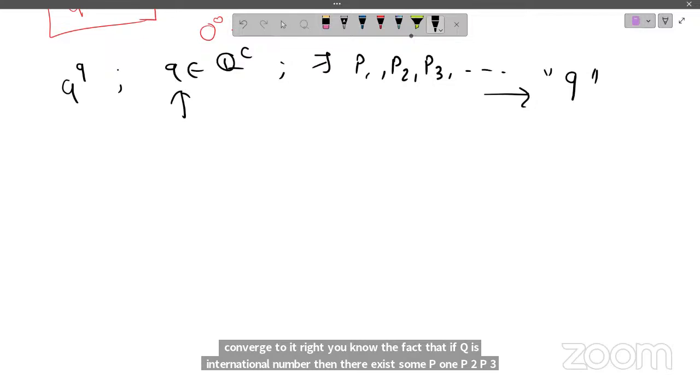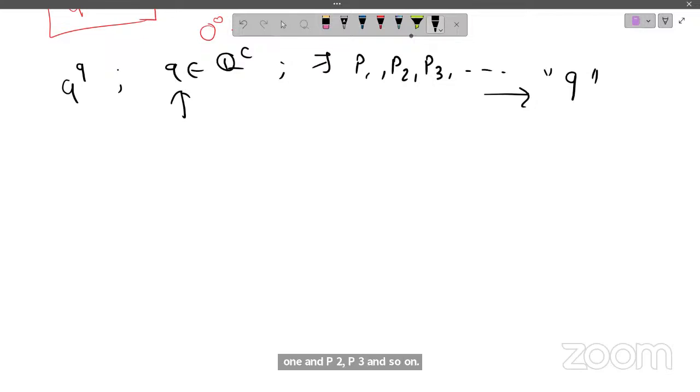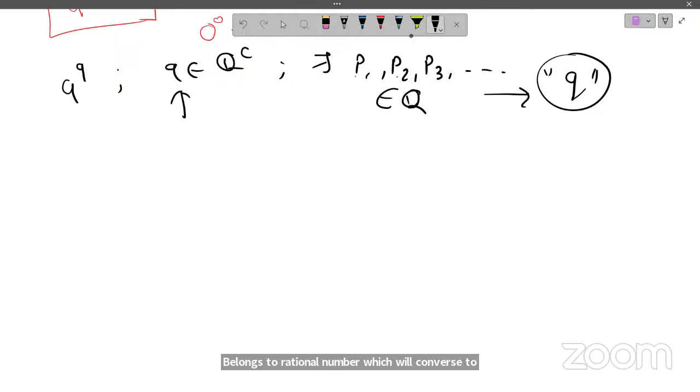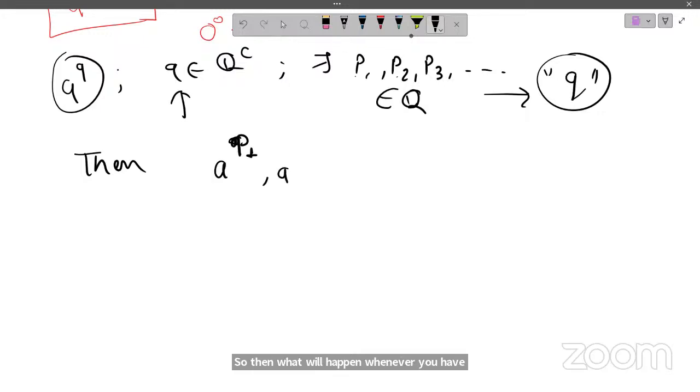This will help to define a to the power q. Whenever you have this sequence, then a to the power p1, you know how to define a to the power x for rational numbers, right?